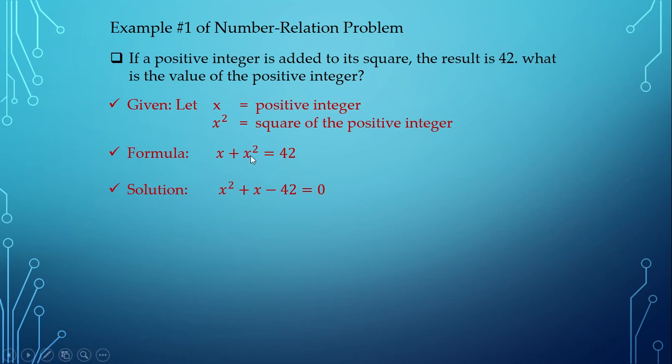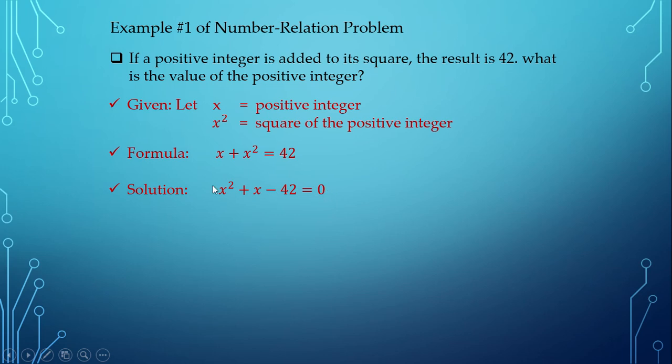Since x squared is already positive on the left side, I write it first, followed by positive x, then 42. 42 is on the right side of the equation, so when transferred, it becomes minus 42. The reason it becomes minus 42 is the subtraction property of equality. And equal to 0, so there is nothing on the right side but 0.